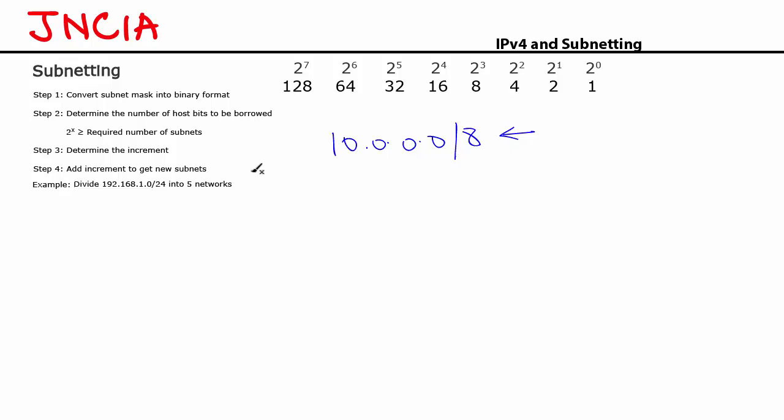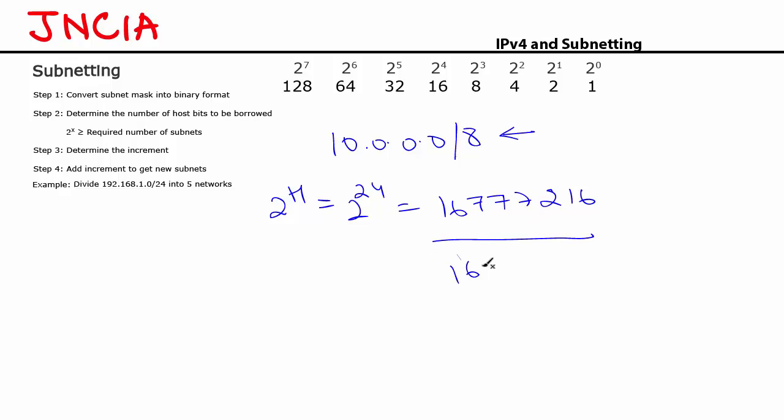In the last topic, we learned that the total number of host addresses possible would be 2 power h. In this case, that would be 2 power 24, because out of the 32 bits, the first 8 bits are taken up for network, so the last 24 bits can be used for host addresses, which is 16,777,216. You remove the network address and the broadcast address, and you're still left with 16,777,214.